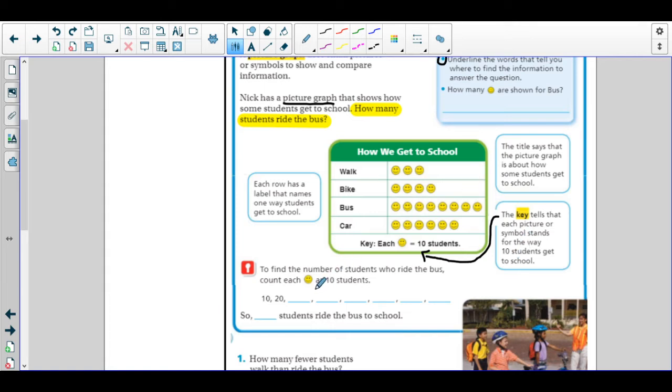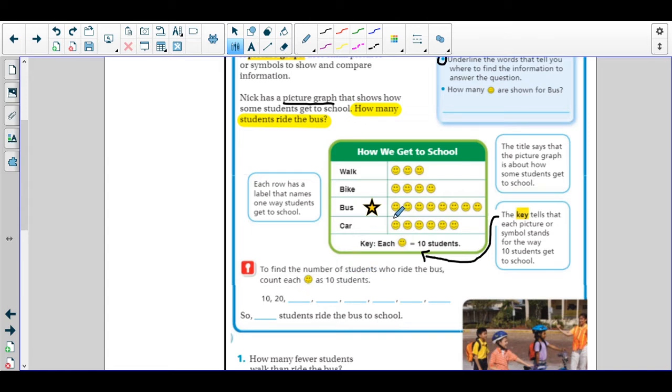All right. So if we look at bus right here, which was the one that we needed to focus on. Goodness, that's an awful star. Let's give it a little bit more. There we go. So we're going to be focused on the bus. And to find the number of students who rode the bus, we need to count the smiley faces as 10 students each.